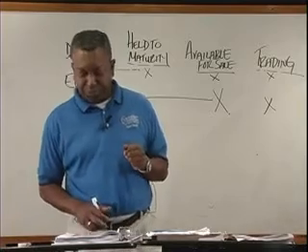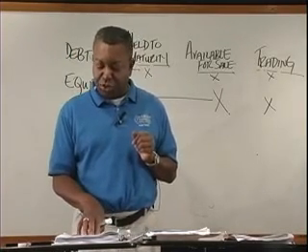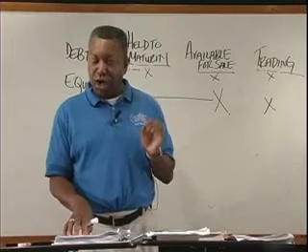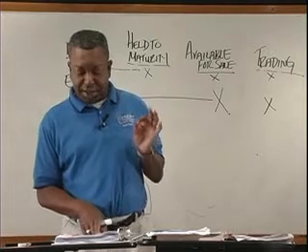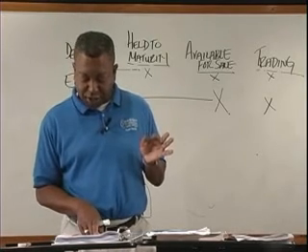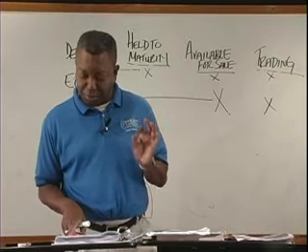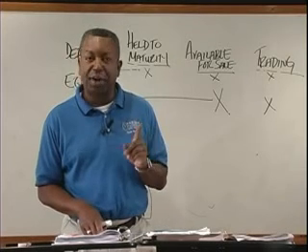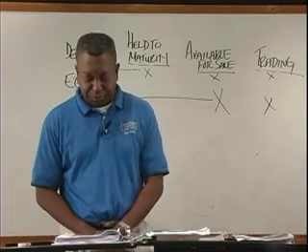Okay? Now, again, investments in held to maturity securities are accounted for under the cost method, which requires that they be carried at amortized cost, acquisition costs adjusted for amortization of premium or discount. Right? Very important.